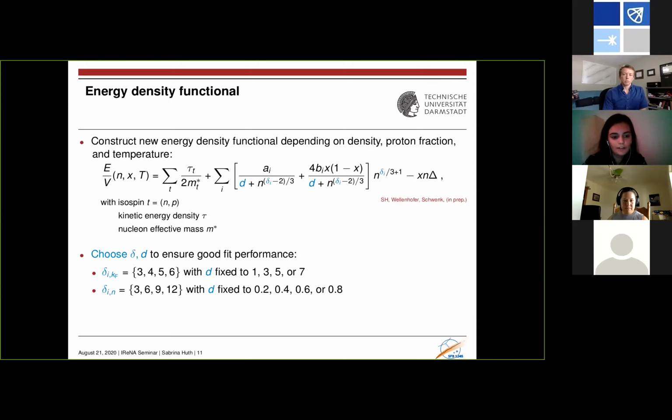And for each of these choices, so for either delta I^KF or delta I^n, we then have 4 different possibilities for the D parameter. So you choose either for delta I^KF, for example, 1, 3, 5, or 7. But it's important to note that the specific values of these D parameters won't really change in the end the outcome of our EOS functional. But the details of this I can also explain later.